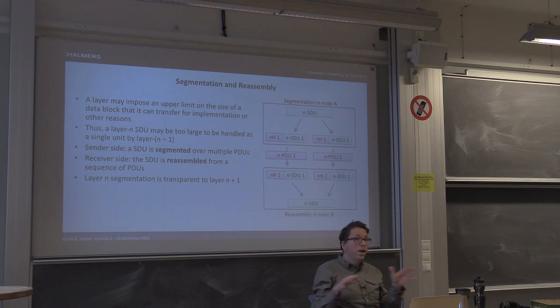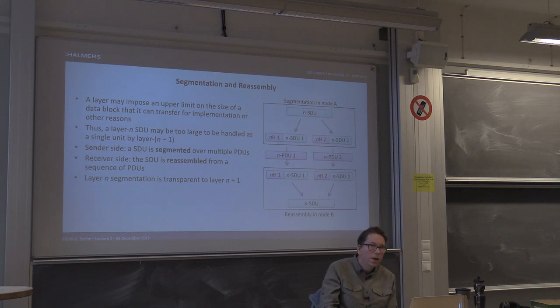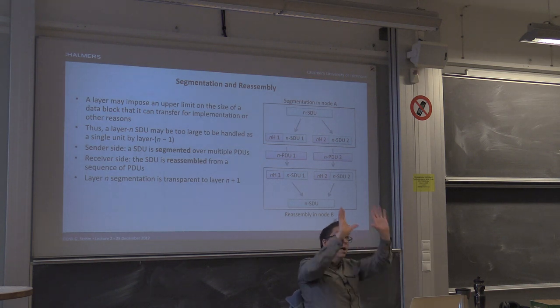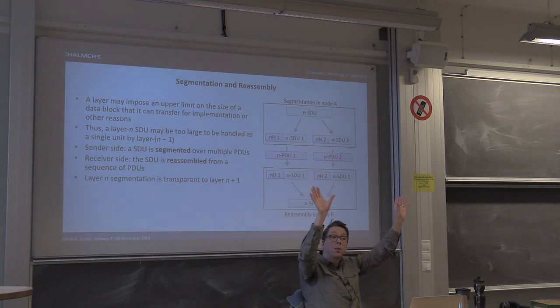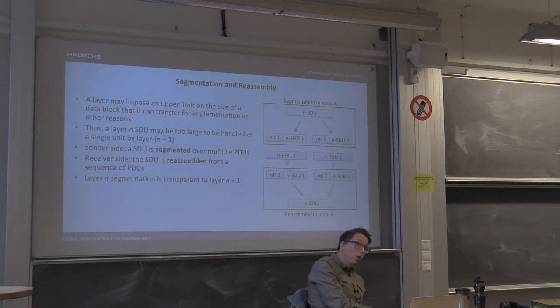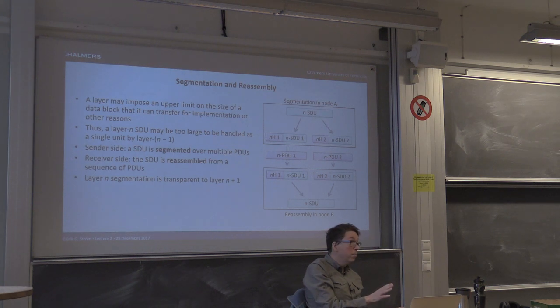If I'm a layer, I can tell the layer above me, I provide you a service, I can transmit a maximum 1500 bytes at a time to you over a connectionless service, for instance. Or it could be connection-oriented with 200 bytes or something like that. Now, I promise above I can transmit 1500 bytes for you, no problem. But the layer below me says, I can only transmit 100 byte messages. So what do I do then?